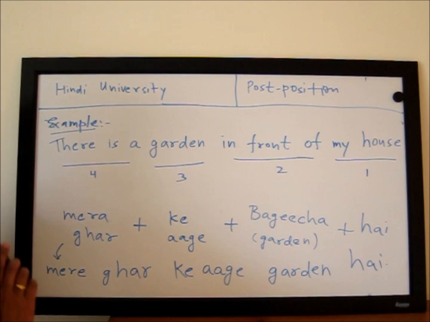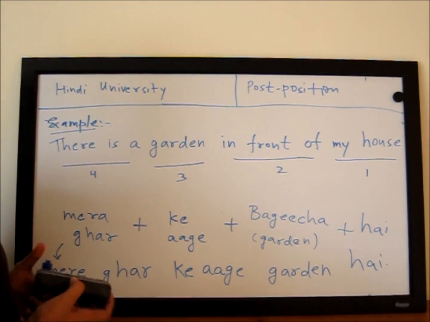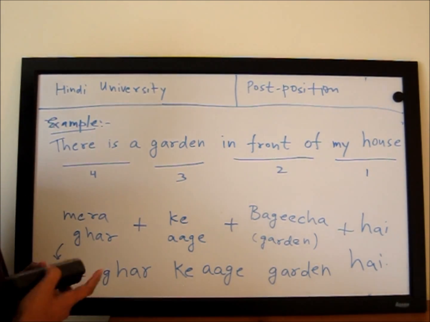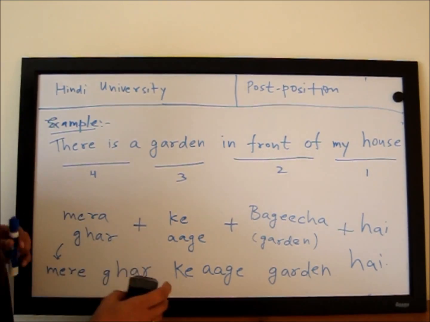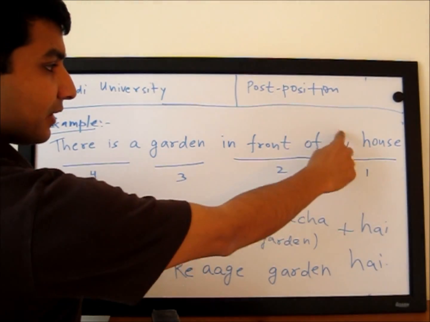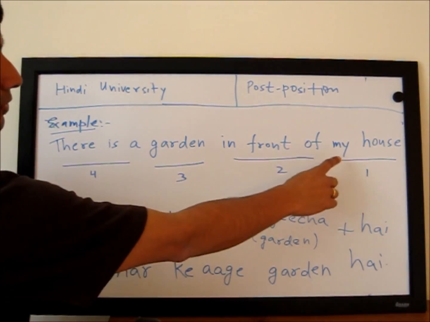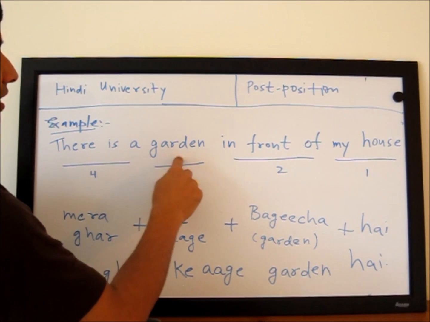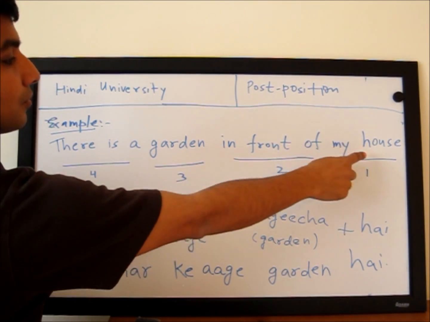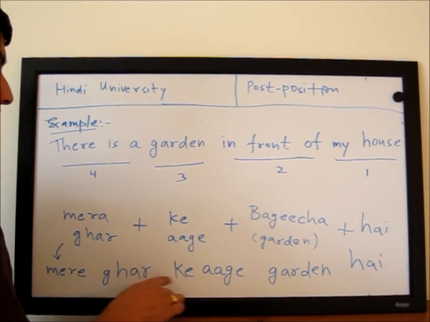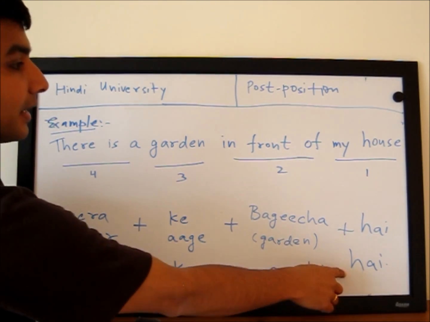So if you want to say in front of your house, you can just play around with this pronoun. You can change it and the sentence will change. There is a garden in front of your house would be आपके घर के आगे garden है.